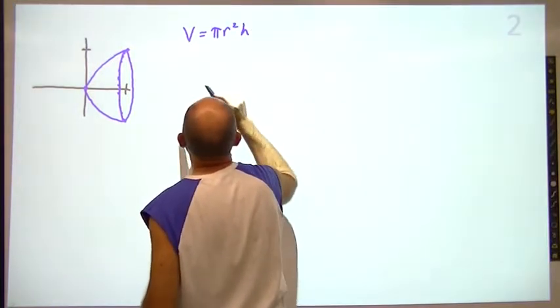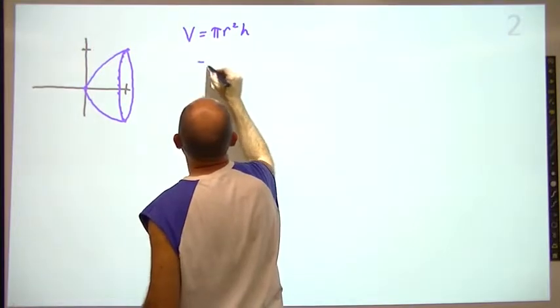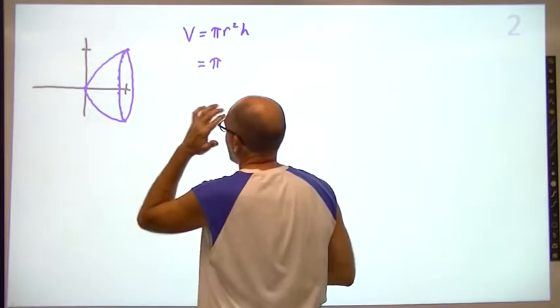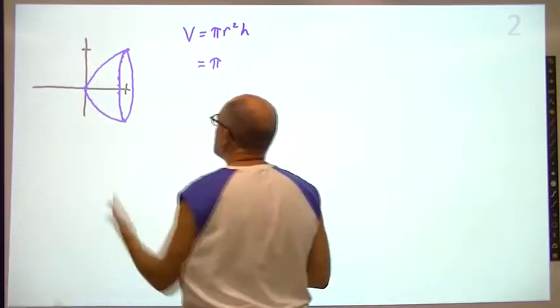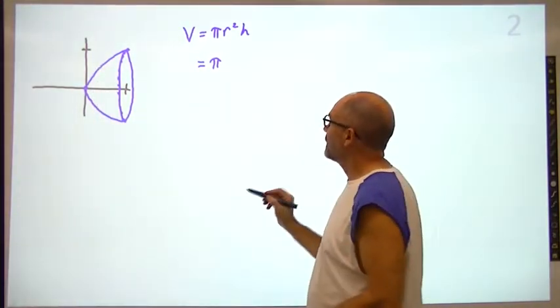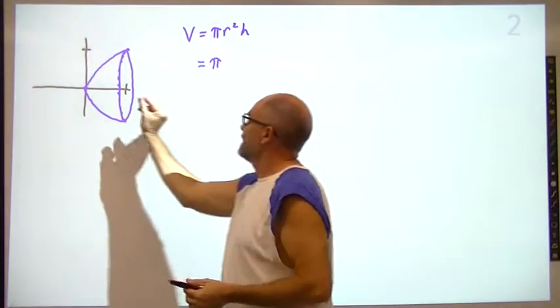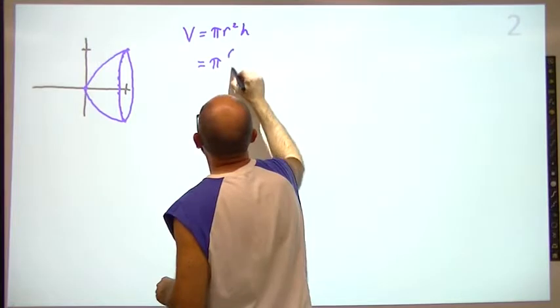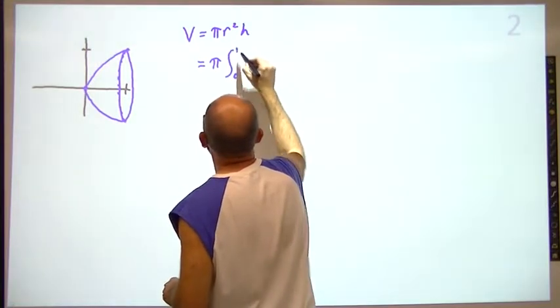Now, first of all, pi is a constant, so we're going to keep it outside. Now, each cylinder is going to be dx thick. What's the radius of the cylinder?